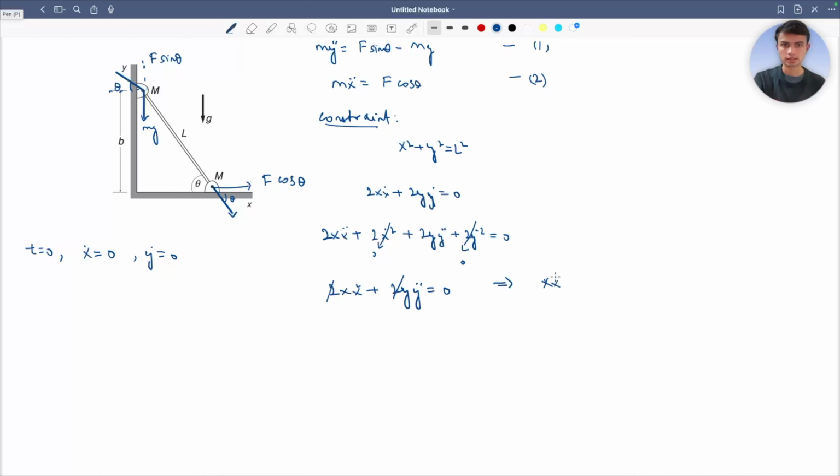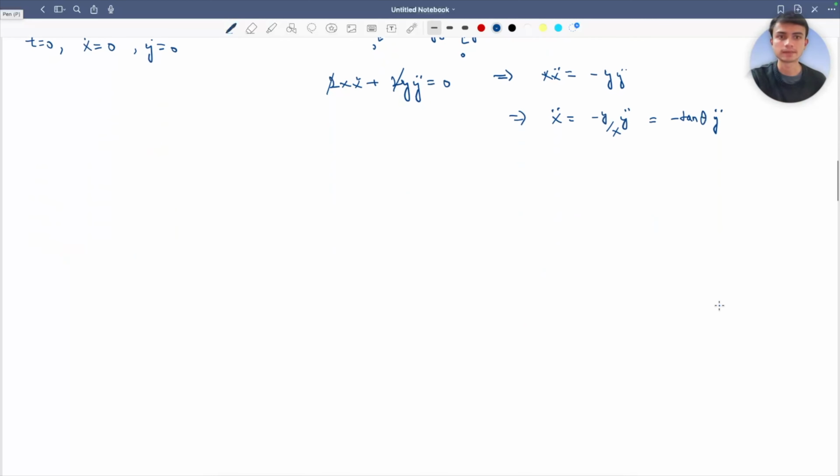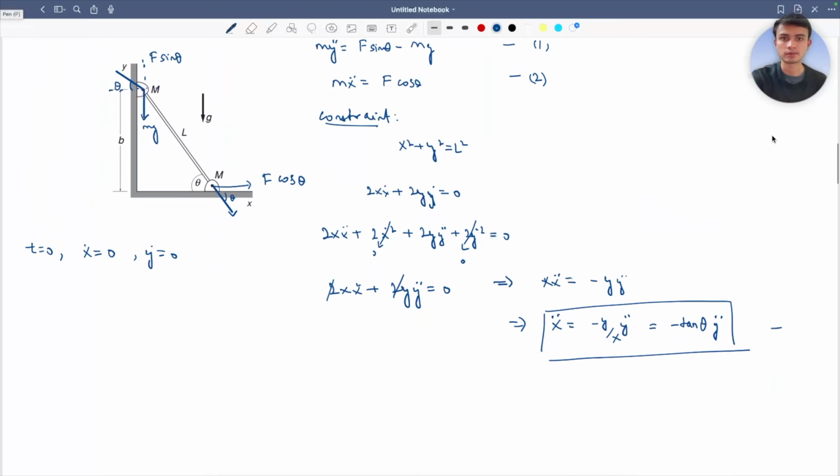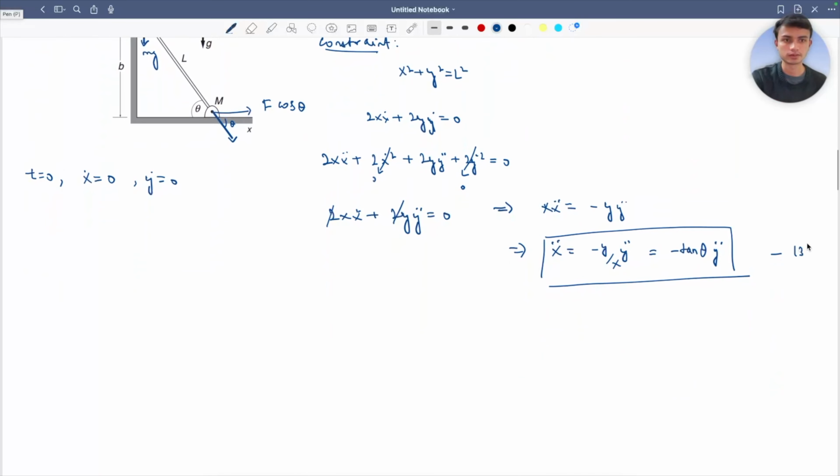Anyways, x double dot equals minus y times y double dot. This implies that x double dot is equal to minus y by x times y double dot, and that is equal to minus tan theta times y double dot. All right, so this is one more relation that I have got. Let me call this equation number 3.